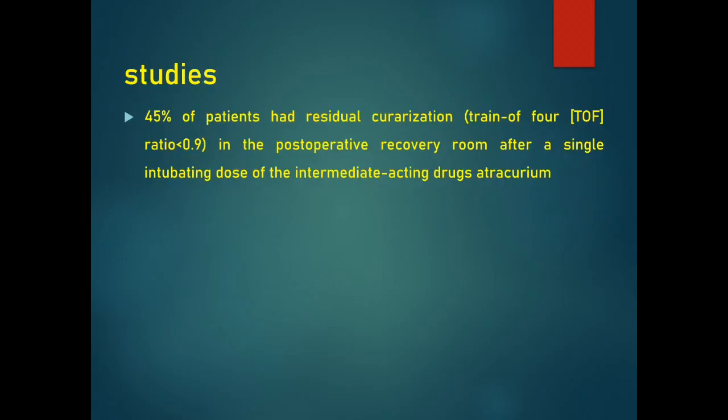In simple terms, when we don't do neuromuscular monitoring, what happens is once the surgery is over, once a patient has spontaneous efforts, we just reverse them with neostigmine and glycopyrrolate, and once their head raising test is good and the grip reflex is good, we just shift them out. But after that, when you have monitored with the particular monitors, they have shown that the train of 4 can still be much lower in these cases, which produces other pulmonary complications, which we'll look into.